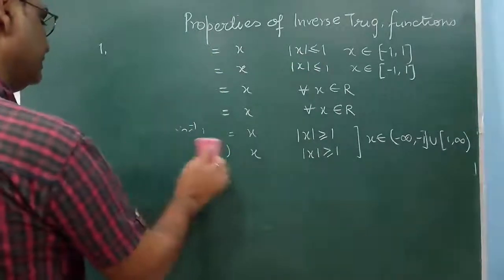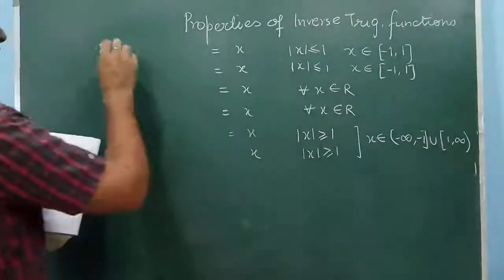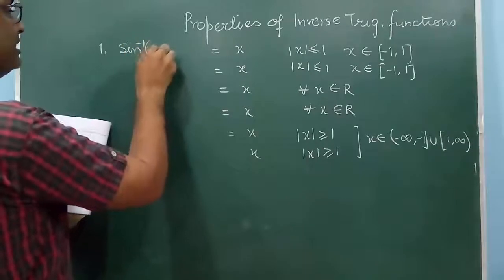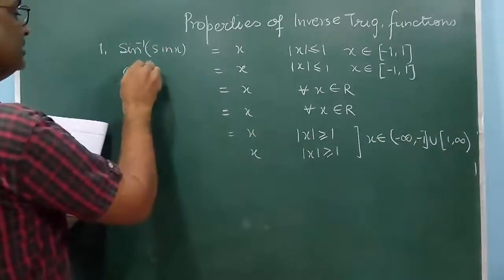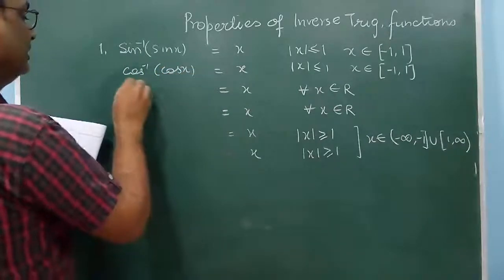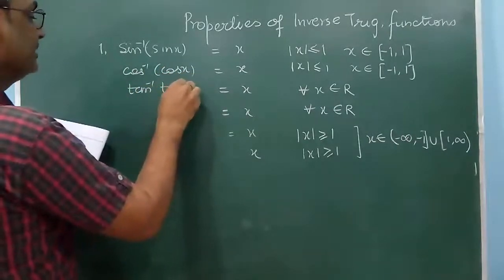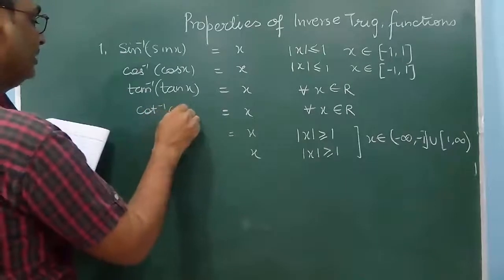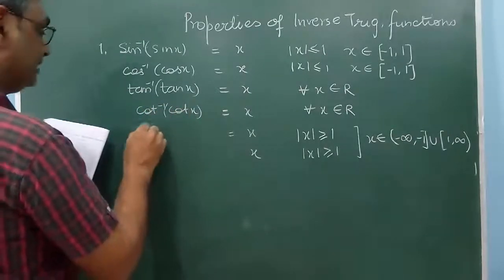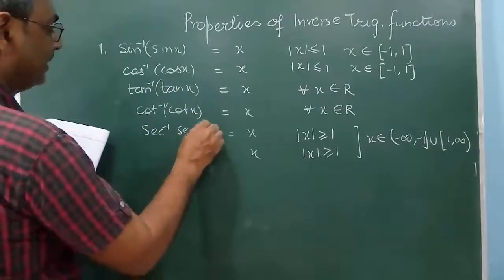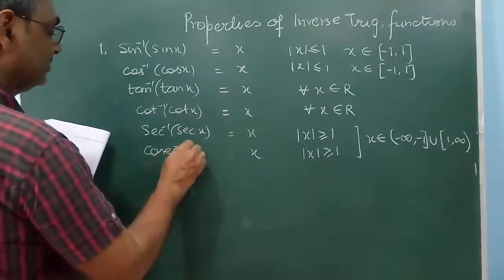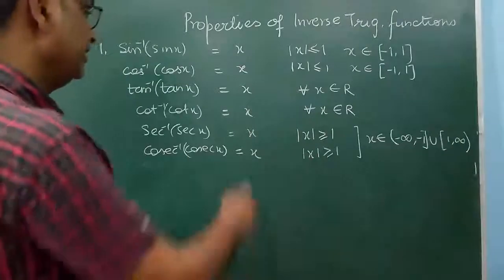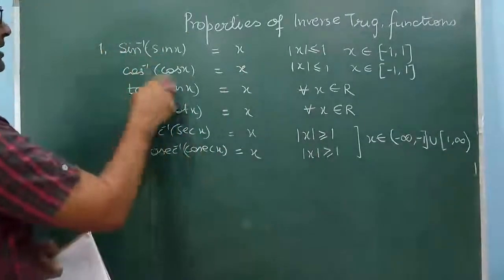Now firstly we are having inverse, then trigonometric functions: sin inverse sin x, cos inverse cos x, tan inverse tan x, then cot inverse cot x, then sec inverse sec x, and cosec inverse cosec x. This will be all x because these two will be getting cancelled.